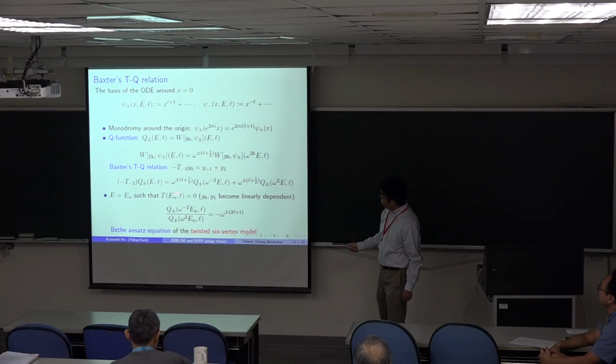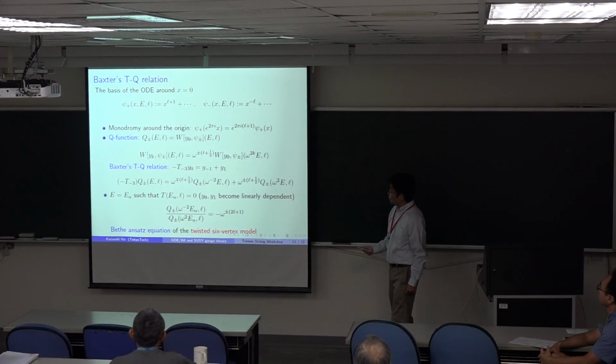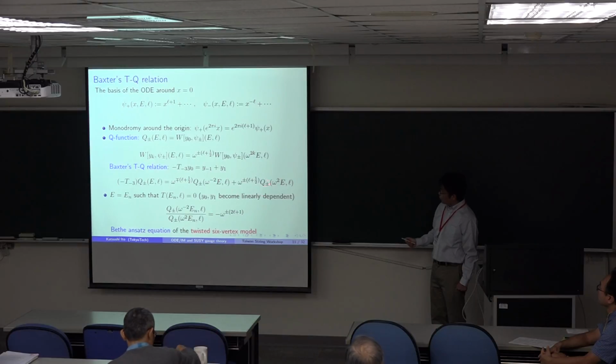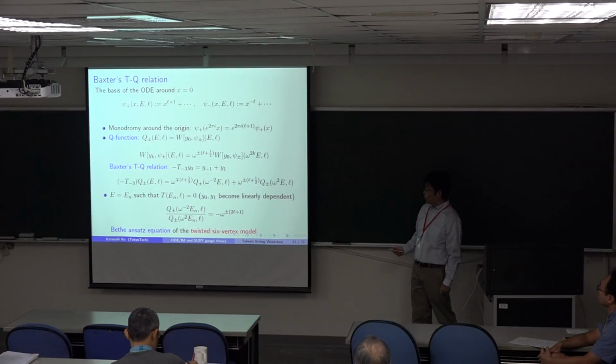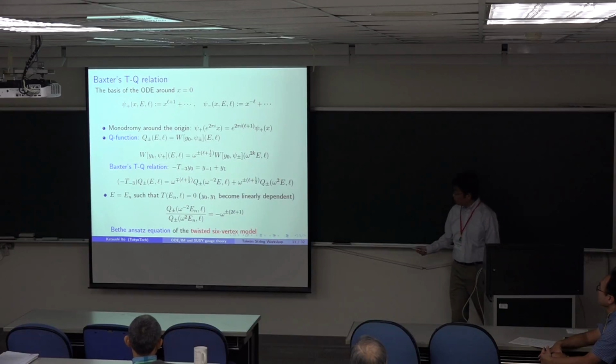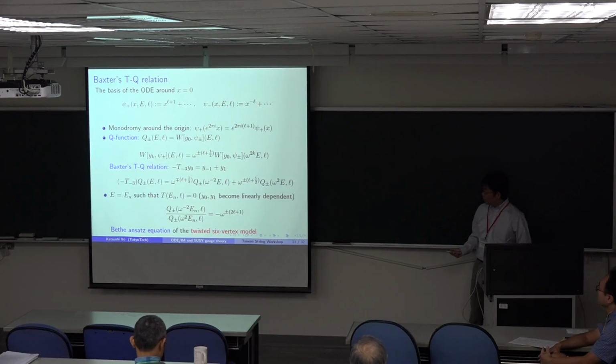Then in that case, the T function must vanish. So then it will constrain the solution structure of the Q function. This is called the Bethe equation in the context of integrability. Actually, this is the Bethe equation of the twisted six-vertex model.